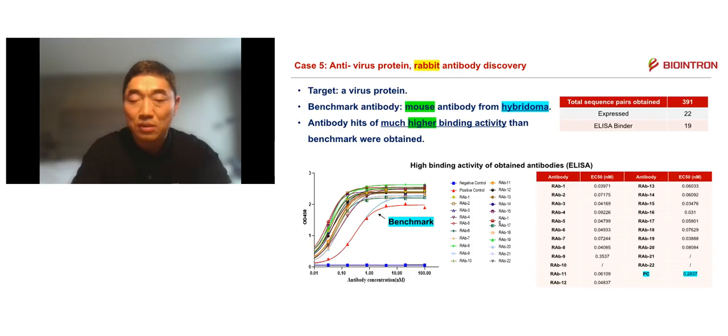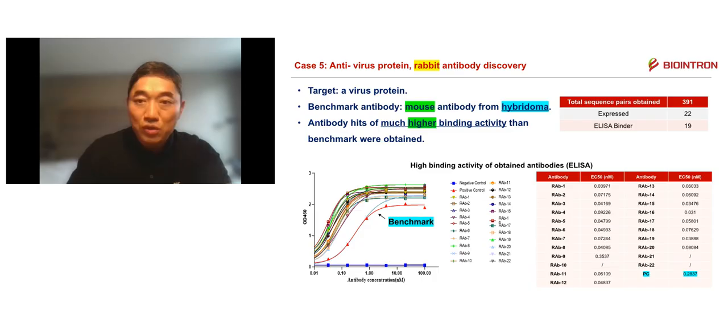So in this case, we use the rabbit as the animal host to raise antibody. The benchmark we used is a mouse antibody from hybridoma.